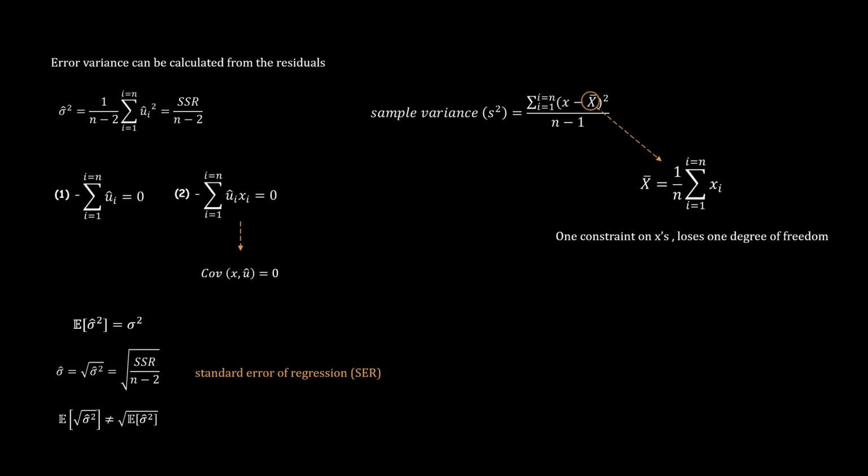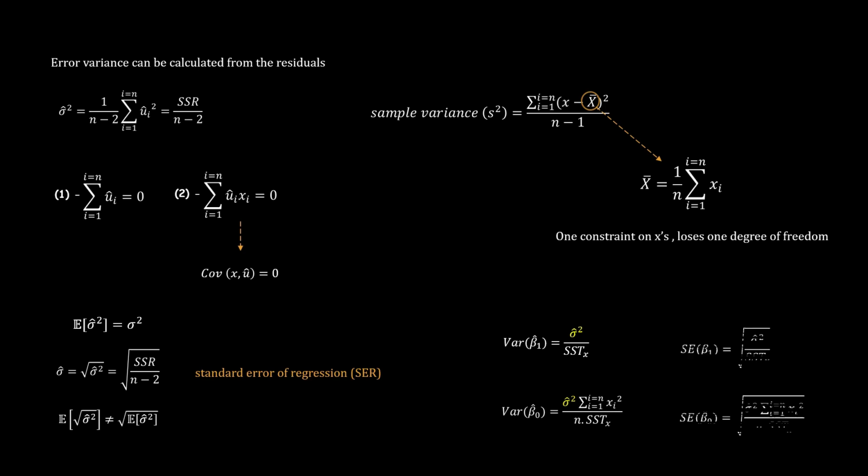Now that we have estimated sigma, we can replace it with this estimate in the variance formula for OLS estimates. The square root of the variance of the estimates is called the standard error of beta.